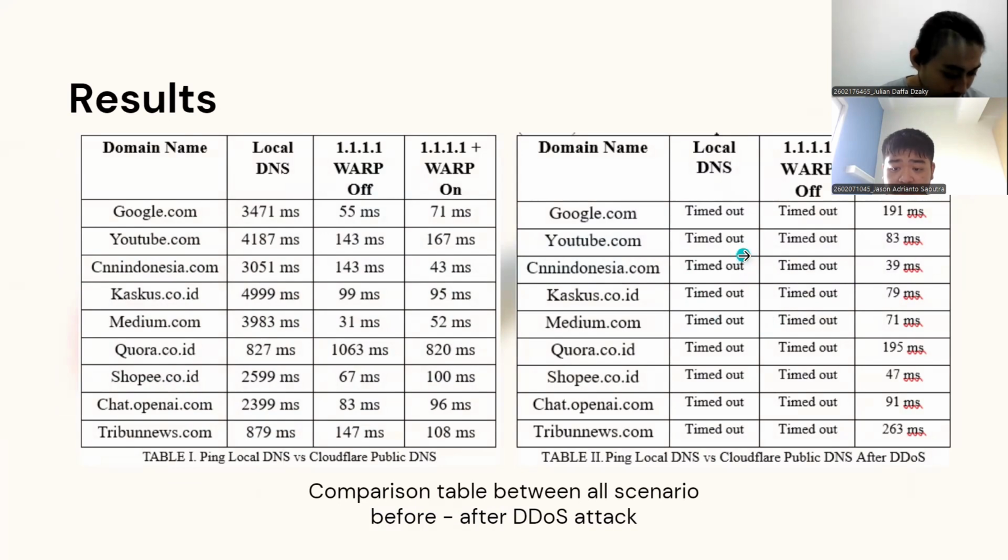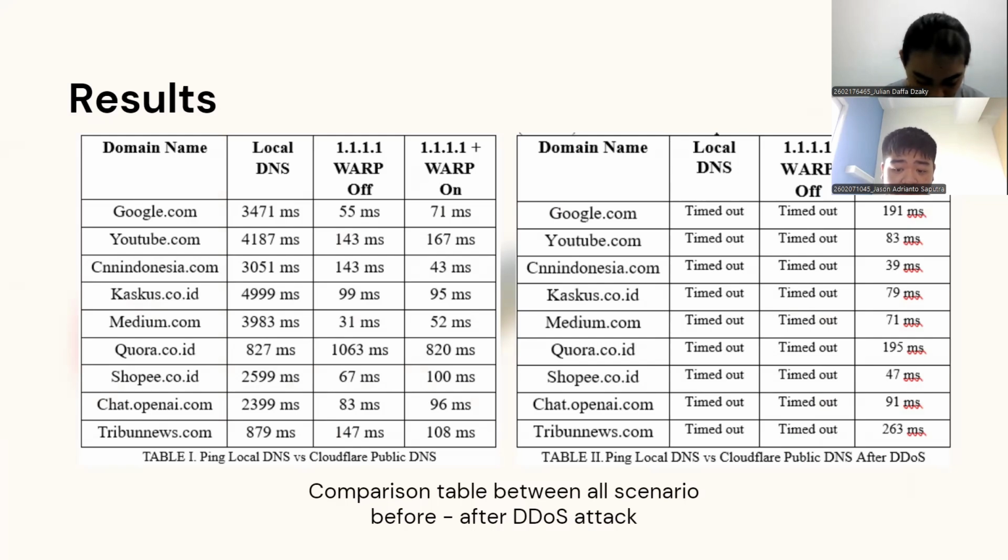This table shows the response time for each website across our three DNS configurations, both before and after the DDoS attack. Local DNS and Cloudflare without WARP, without the Anycast routing feature, experience complete failure or timeout when faced with a DDoS attack, demonstrating the importance of Anycast routing in improving resilience.